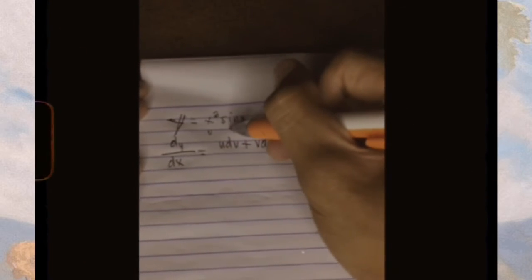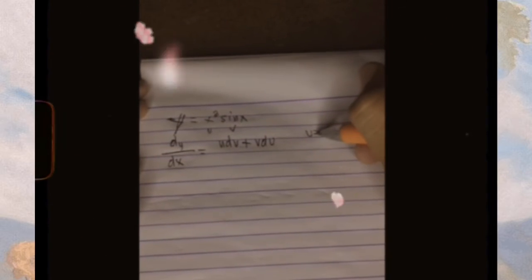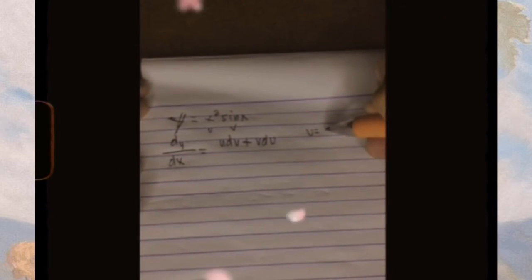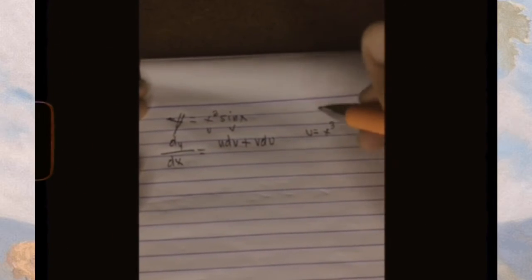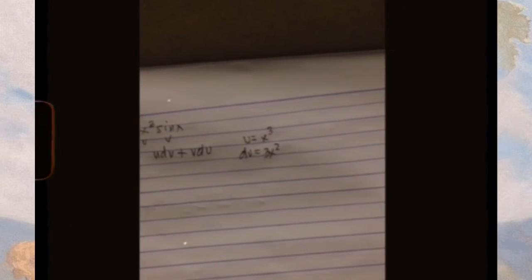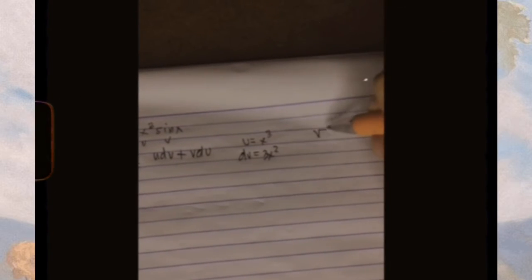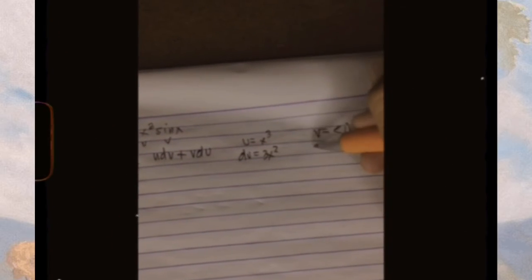Our u is x cubed and our v is sine x. The derivative of x cubed is 3x squared, and the derivative of sine x is cosine x.